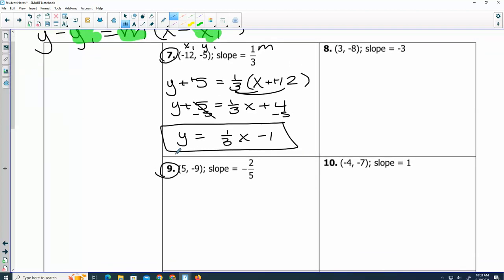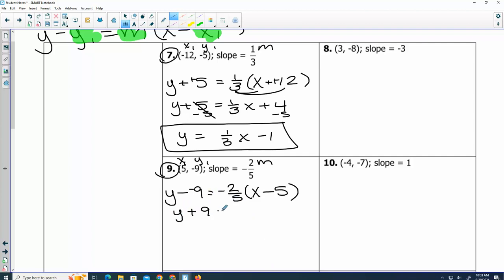So number 9, same thing. This is our x1, y1. Slope is our m. So our formula, y minus y1 is negative 9 equals our m, negative 2/5, times x minus x1 was 5.